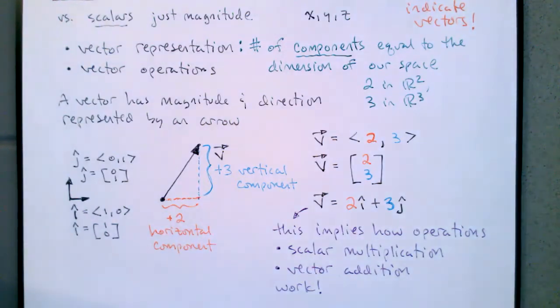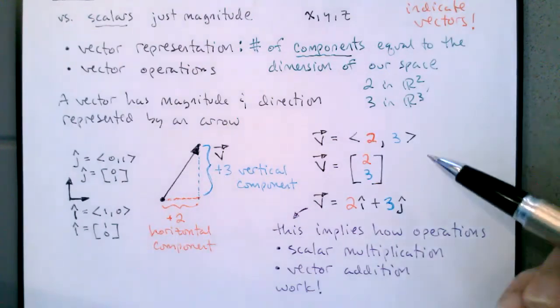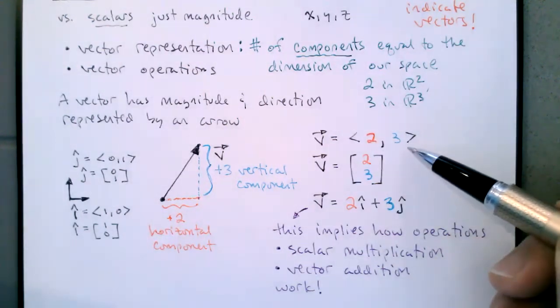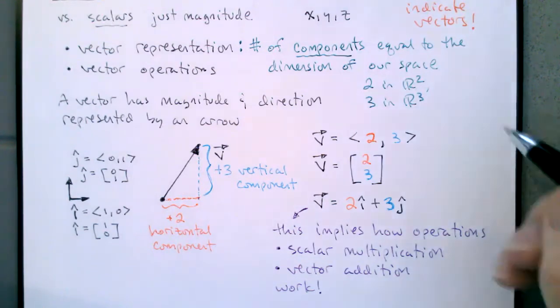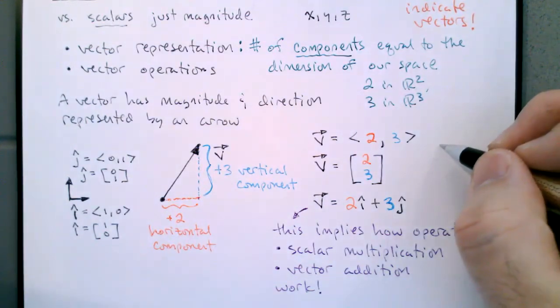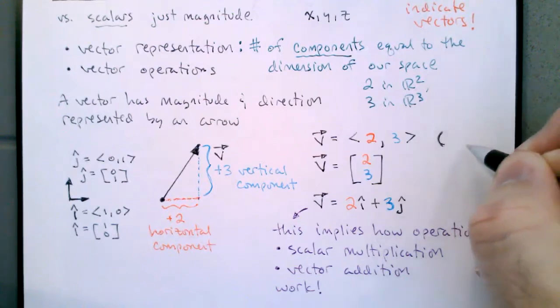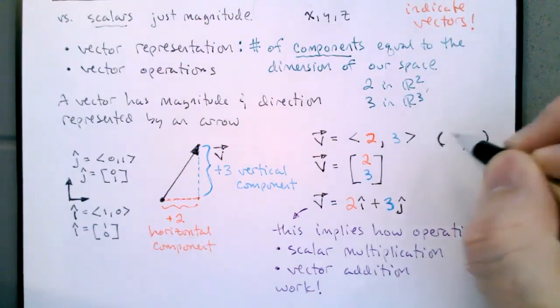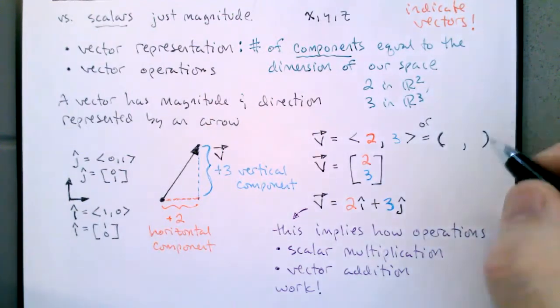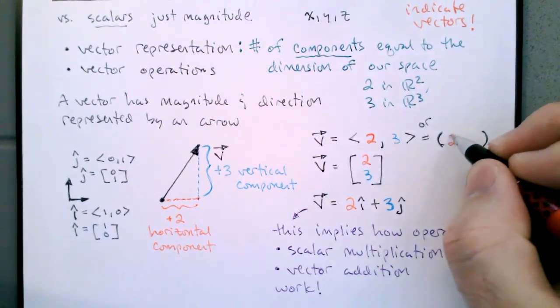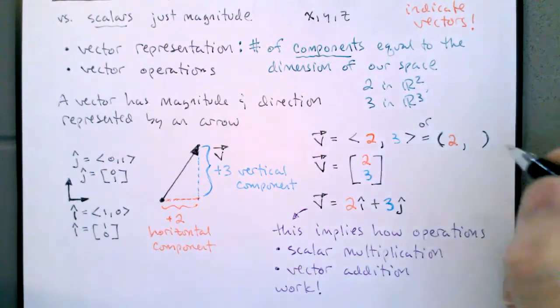So to distinguish that, a common thing to do is, instead of using parentheses around the 2, 3, to use these pointy parentheses around the 2 and 3. But there are certainly times when I'm going to end up being lazy and I'm just going to put them in parentheses and hope that we're all agreed that these are vectors and not the point 2, 3.